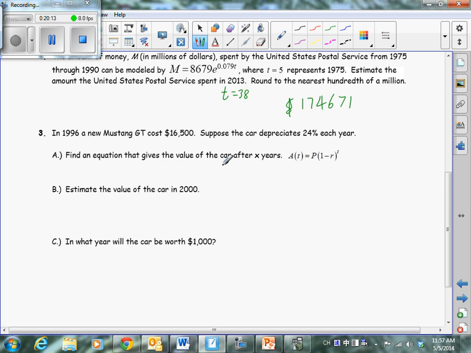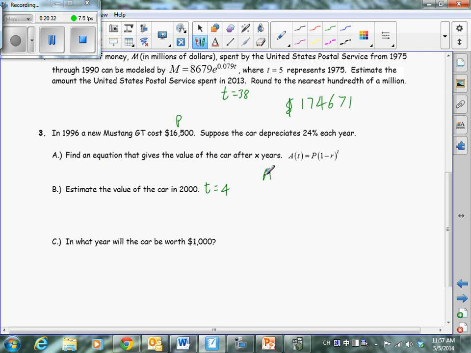So, 16,500, what does that represent? That's your P. Estimate the value of the car in 2000. 2000 is T equals what? 1996 to 2000 is 4. But the first question is find the equation.